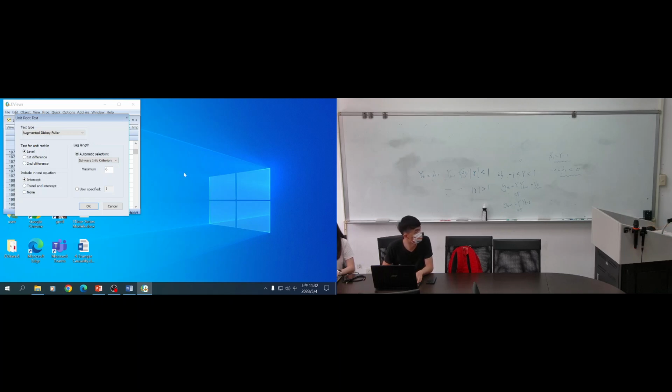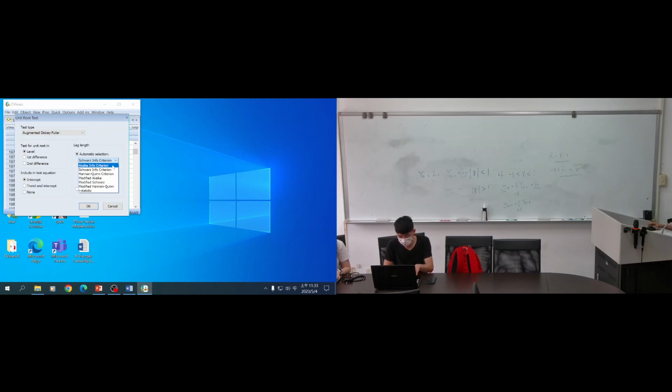And look at this automatic selection. There's Akaike, Schwarz, and Hannan-Quinn. Usually we use either Akaike or Schwarz. You can choose either one of them. I think it doesn't make a big difference.